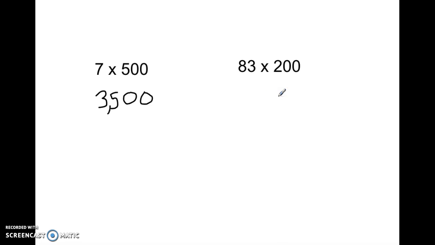All right, how about this last one here? Go ahead and give this one a shot. 83 times 200. All right, so I'm going to take my 83 times 2. Remember, I'm just pulling out the numbers there. I'm leaving my zeros behind. 3 times 2 is 6.